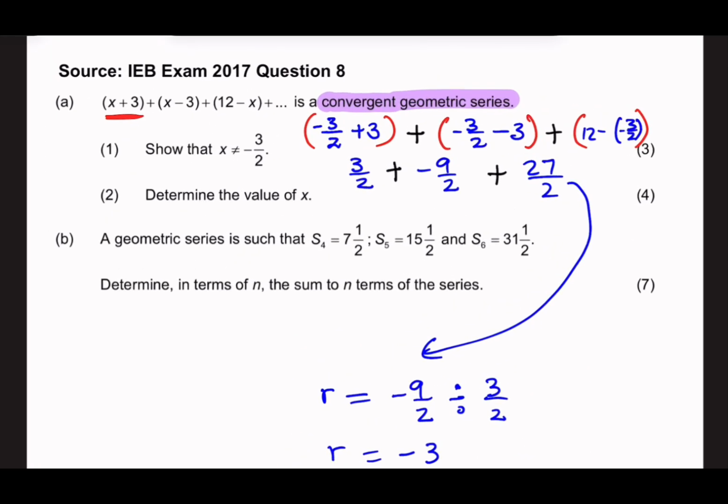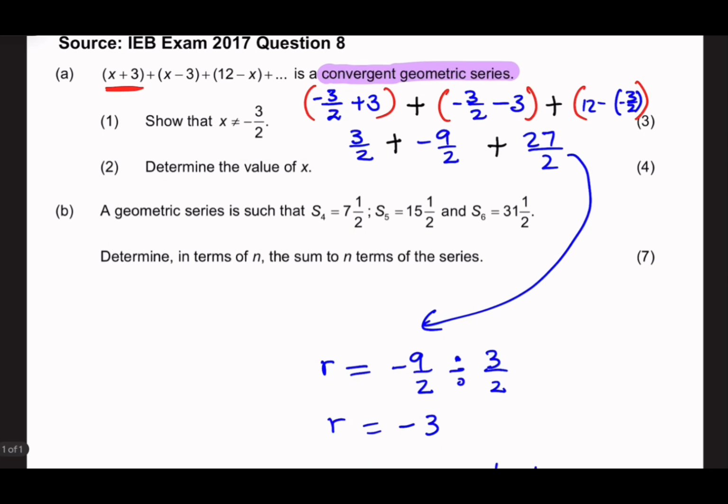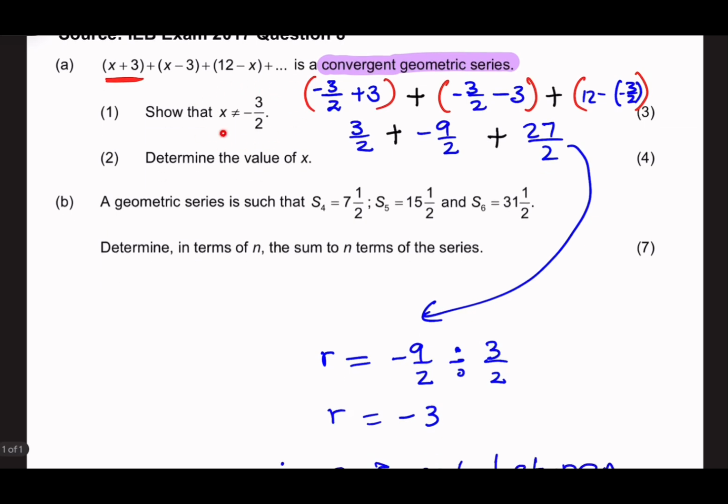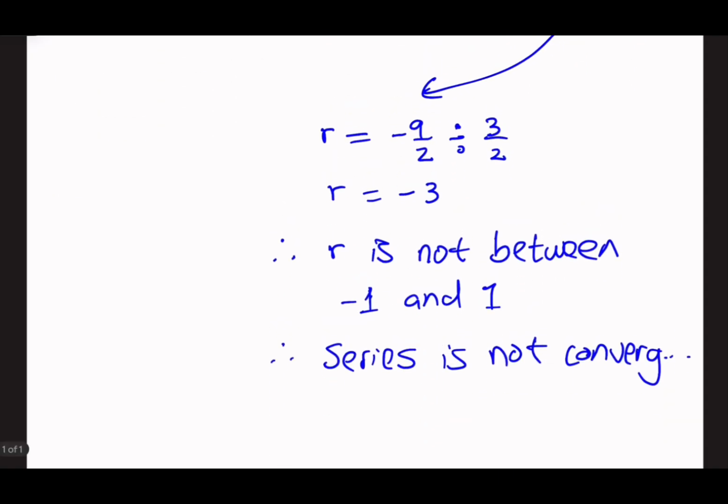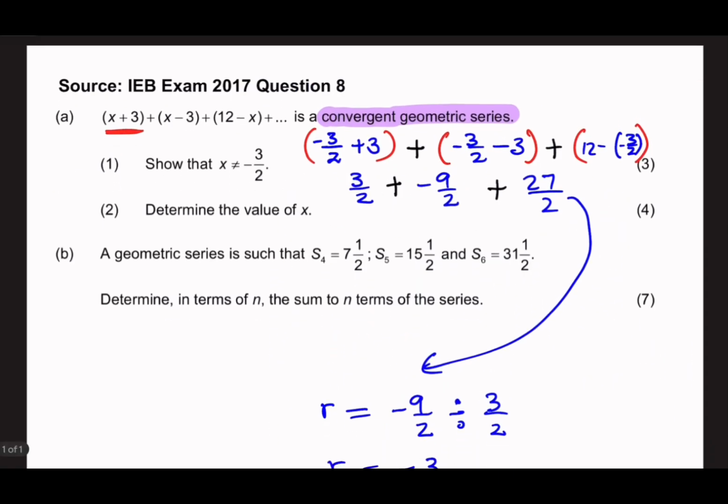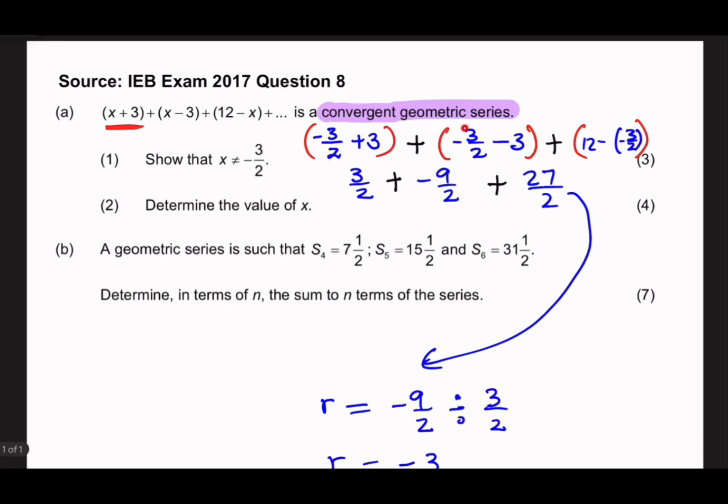And this is a problem because at the very top, it said this was a convergent geometric series. So if x is allowed to be that number, then we will run into this problem. So x should not be allowed to be negative 3 over 2 because it won't work.